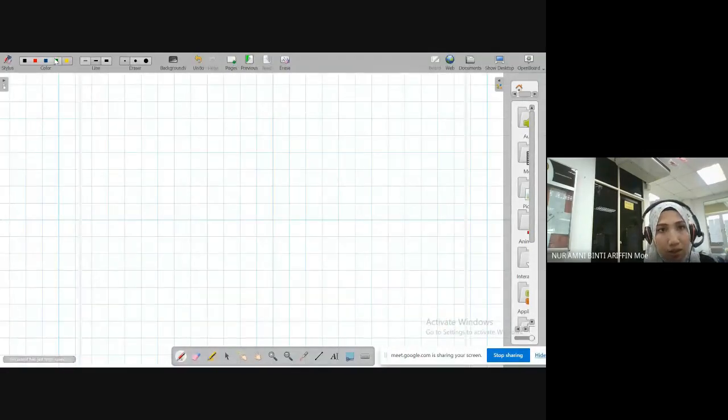Okay contoh, 2 divided by (A minus B), minus 3. How do you solve this equation? You have to make the denominator (A minus B) become the same, right?